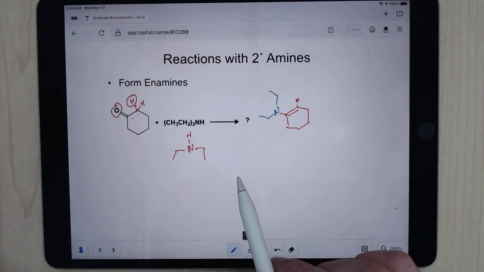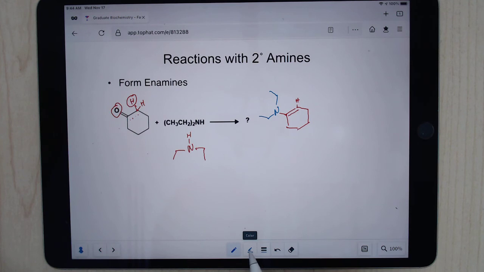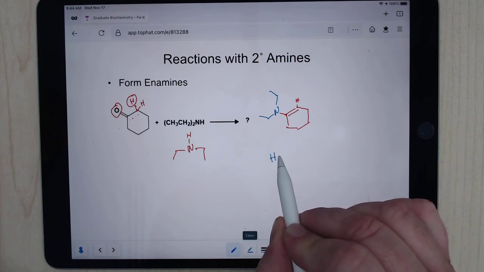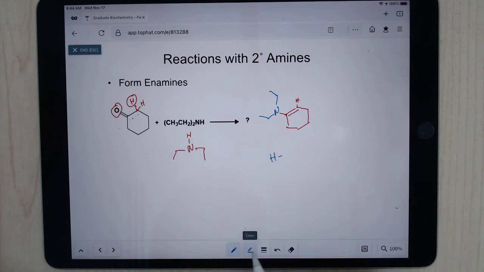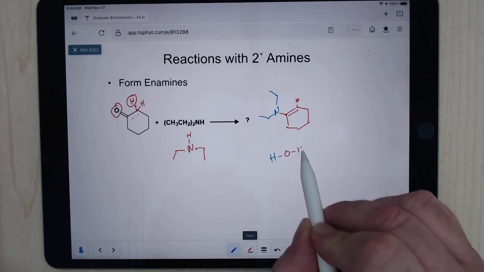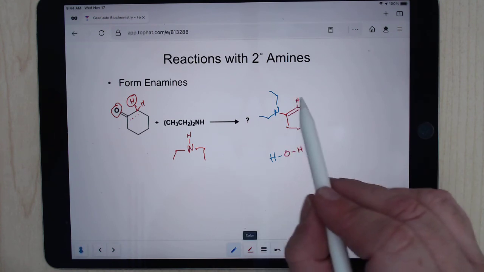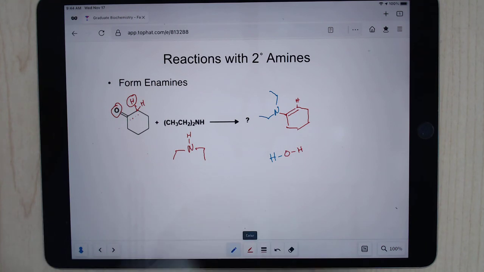In this case, one of those hydrogens is coming from here, and the other two are coming from here and there. So that's where the water is coming in.